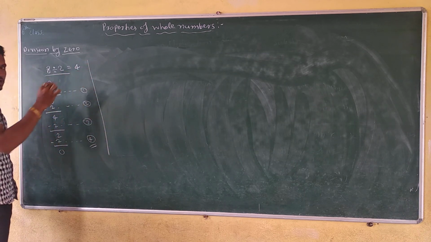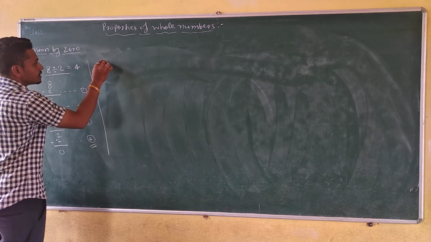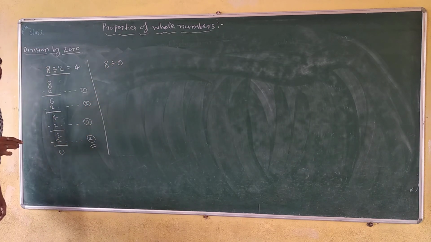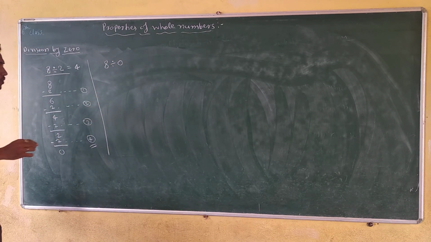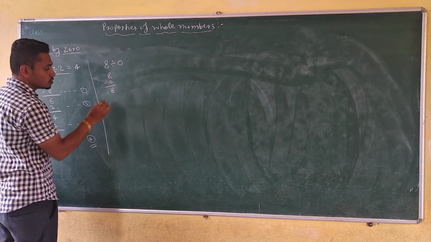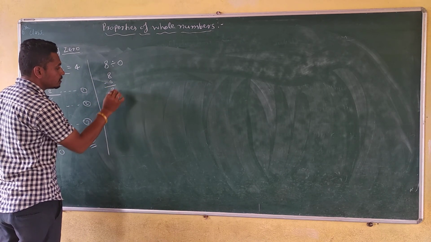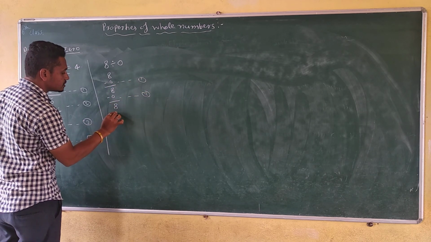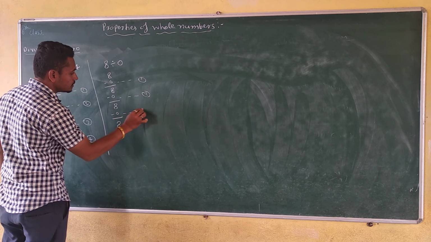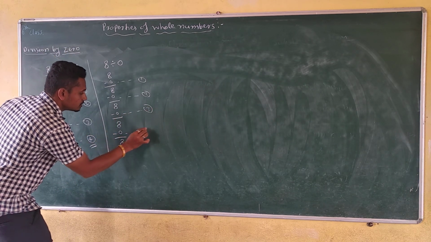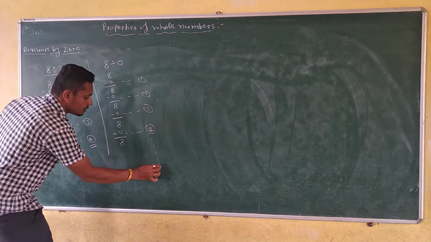But in the case of 8 divided by 0, see here, 8 minus 0 is 8, this is the first time, and 8 minus 0 is 8, this is the second time, 8 minus 0 is 8, third time, fourth time, and it goes on.